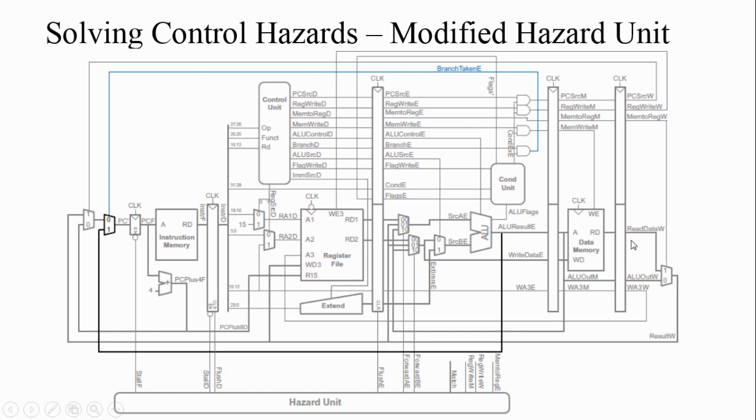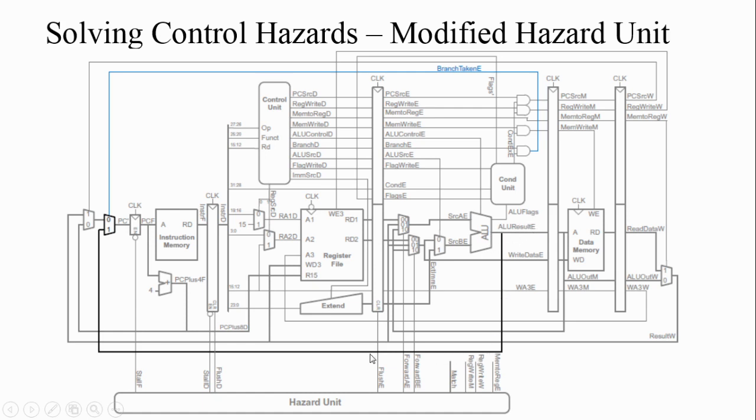Previously you would get the branch prediction address only after the read memory stage, right? But now you are adding one more multiplexer here which can take input after the execution stage. So here after the execution stage itself you will get the actual branch address.